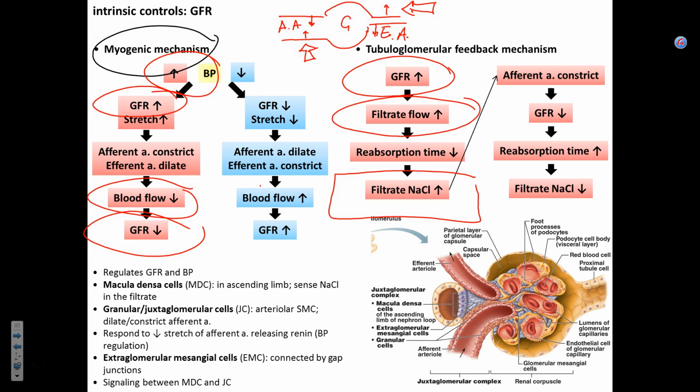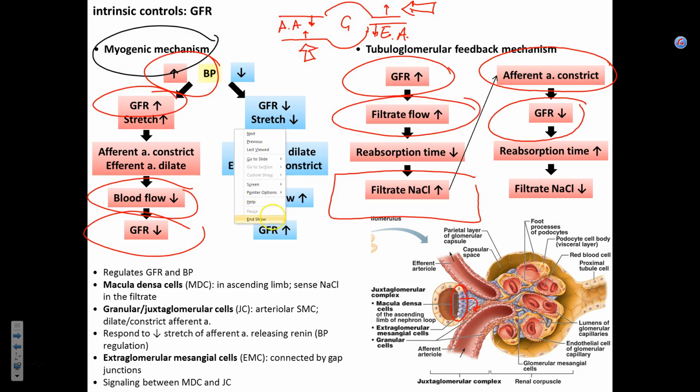Now, this increased sodium chloride concentration is sensed by macula densa cells that through the mesangial cells signal to the granular cells to constrict afferent arteriole. When afferent arteriole is constricted, what happens to GFR? It decreases. Does that make sense?